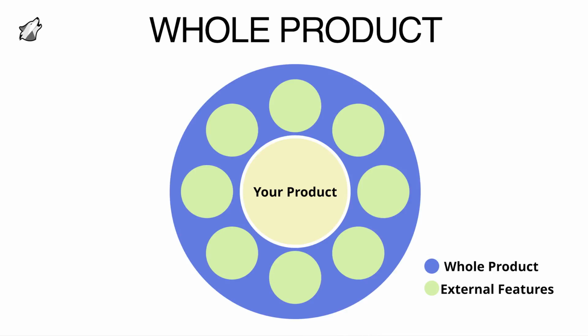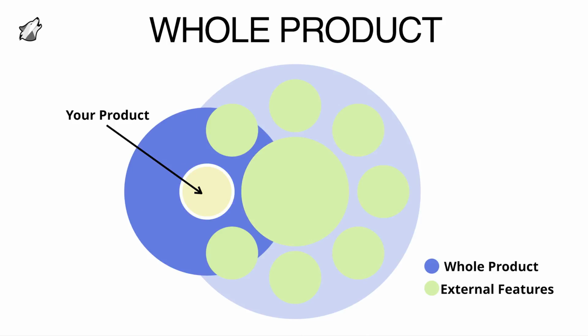So Trello itself would be here in the middle, but then you would have some other different apps and tools that would create the whole product, right? So your whole product can be the one in the middle, if your product can be seen as larger or slightly larger than these other features.